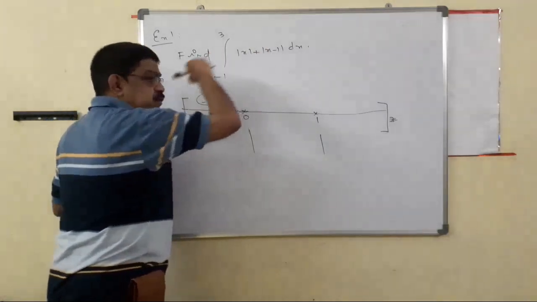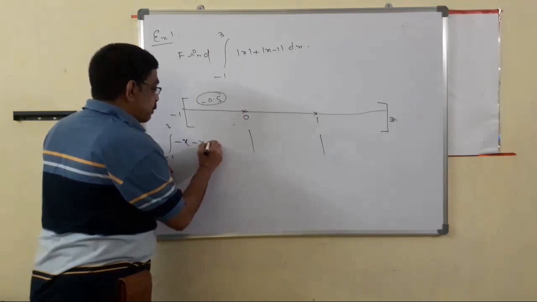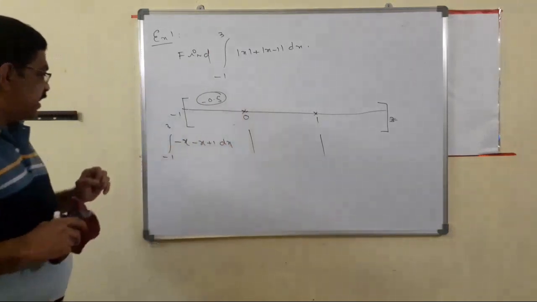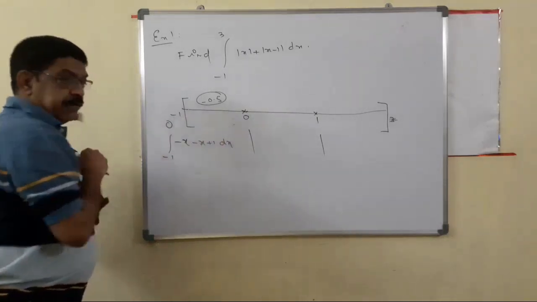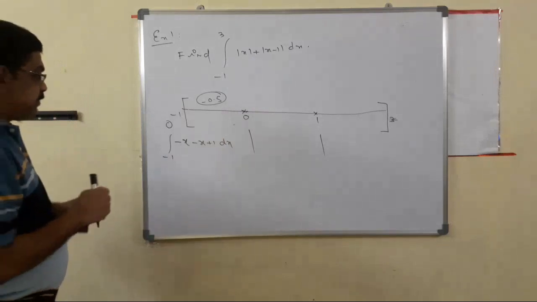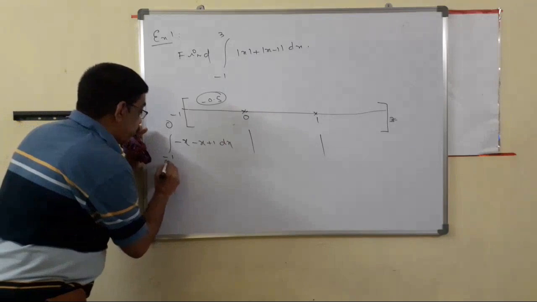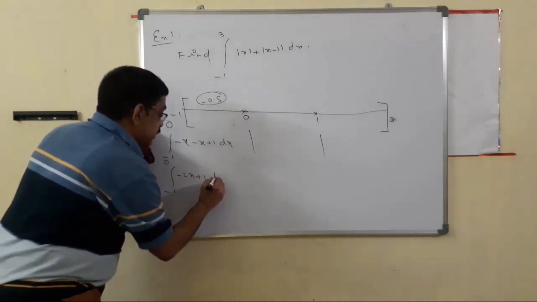And x minus 1 is also negative, so the negative sign gets attached: minus x plus 1 dx. So in this interval, my integrand becomes the integral from minus 1 to 0 of minus 2x plus 1 dx.